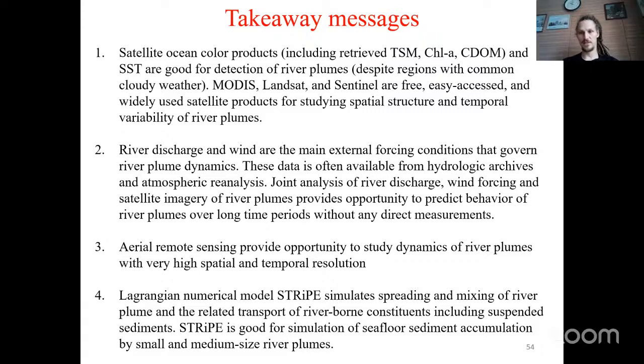Estuarine rivers are much deeper than deltaic rivers. If rivers have the same discharge rate, but one is estuarine and the other is deltaic, the estuarine river will provide a deeper river plume.